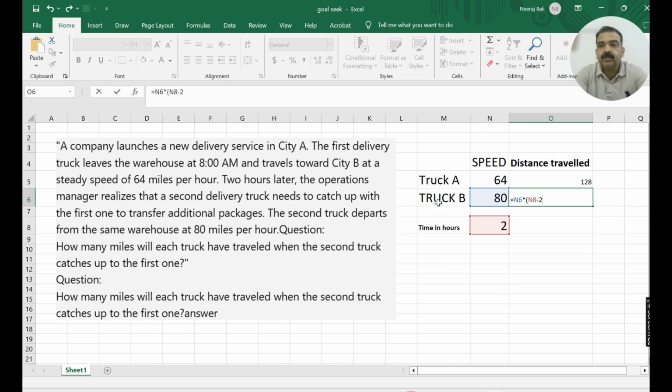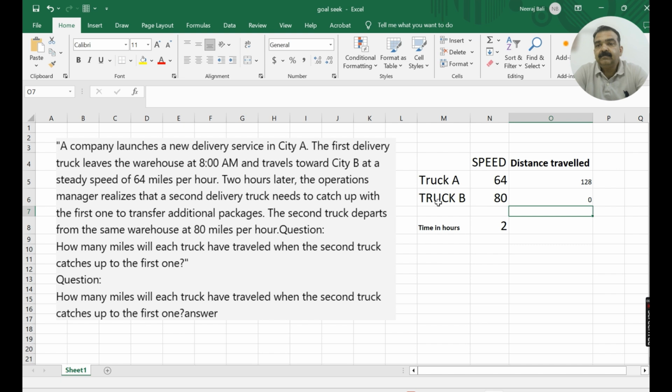So I'll put -2, obviously, because there's a gap between truck A and truck B of 2 hours. 2 minus 2 is 0. But we don't write 0 here. We do this kind of modeling.